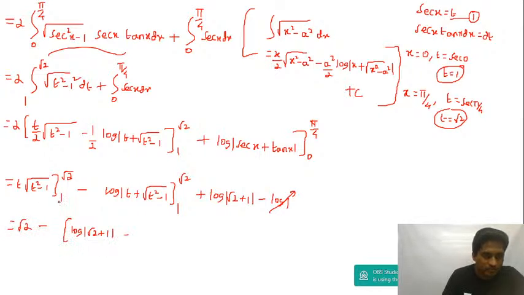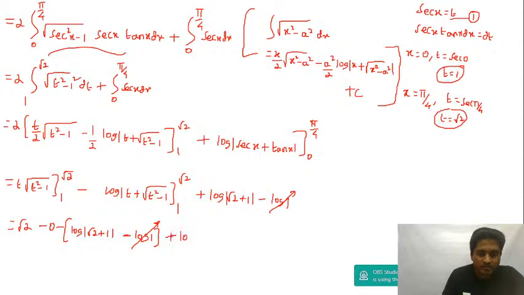Anyways, lower limit will be 0. Now, Raju, this is a Comet K question, very good question, challenging problem. Minus log of root 2, and 2 minus root 2 minus 1 is 1. Minus lower limit will be equal to log 1. You understand? Log 1 to any base is 0 anyways.